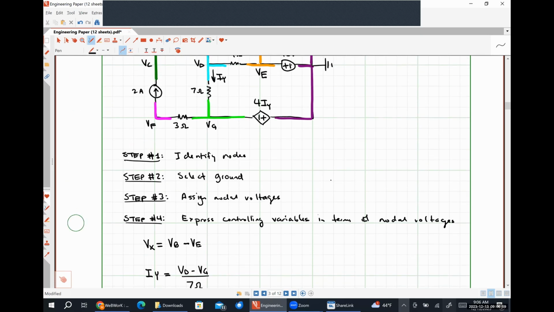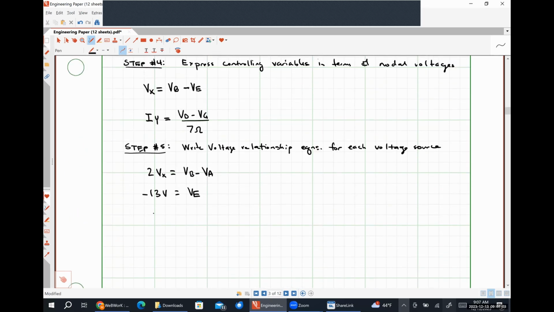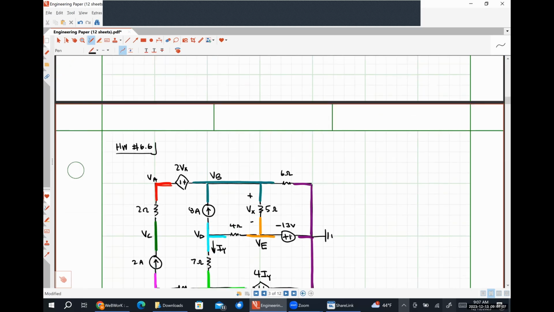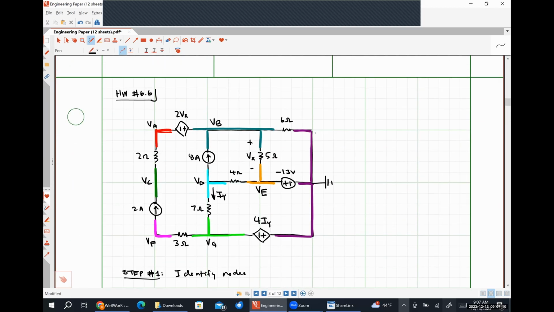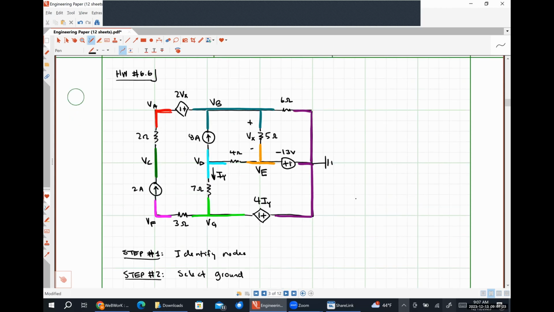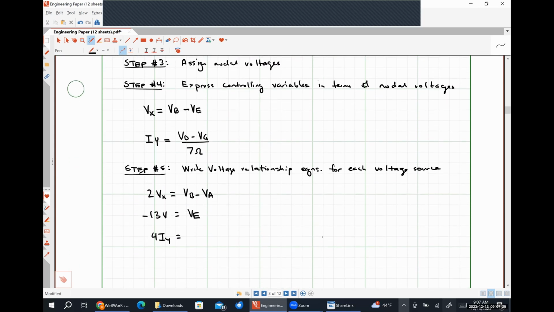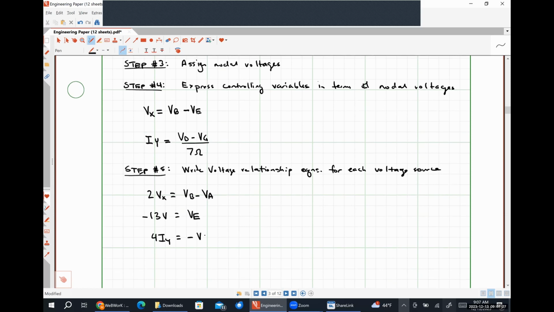And lastly, we have this 4IY voltage source. Who wants to take a crack at that one? Sorry, I scrolled too far. Absolutely correct. 4IY will be equal to 0 minus VG or negative VG. Thank you, Austin.